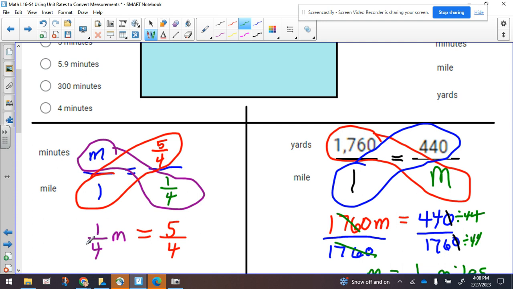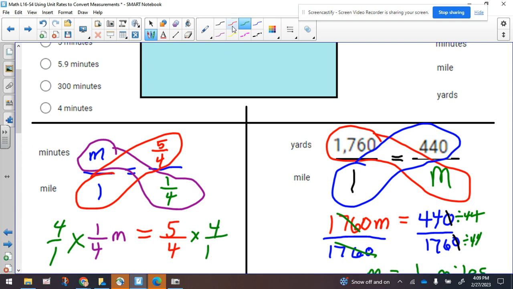Here it is. And you say to yourself, what's the opposite of that? Because this means 1/4 is being multiplied with m. So the opposite of multiplying by 1/4 is to divide by 1/4, which is the same thing as multiplying by the reciprocal.